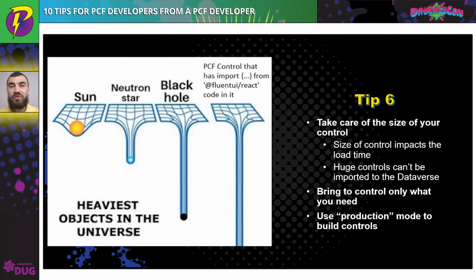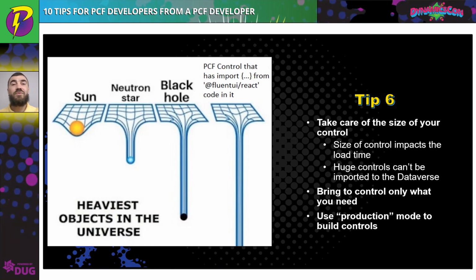And reason number 2, actually a PCF control is a huge JavaScript web resource, and JavaScript web resources have an upper limit, and if the size crosses this threshold, it makes it impossible for the particular web resource to be uploaded inside the Dataverse.